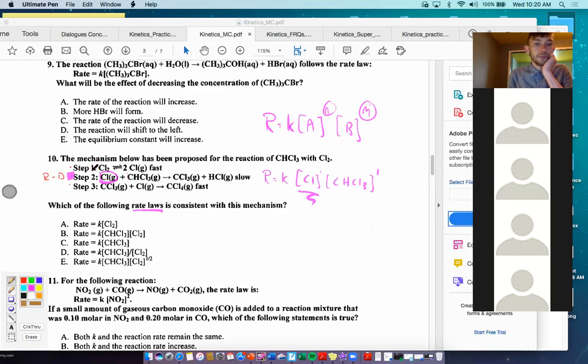In the whole reaction mechanism, this single atomic, it's not Cl2, it's Cl, the atomic chlorine, is acting as a what? An intermediate. Excellent job. So right here in this reaction, we need to recognize that Cl is an intermediate.